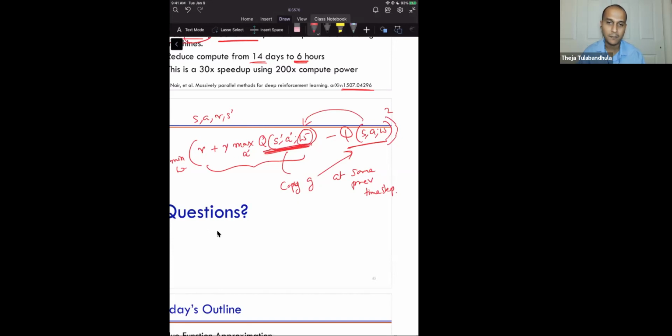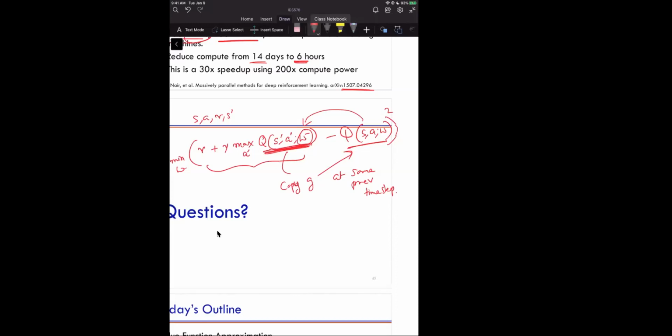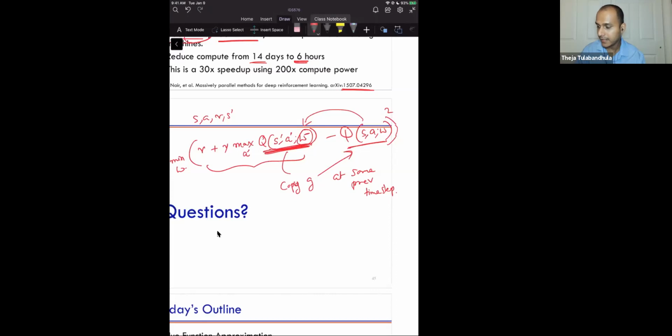You're not training it. You're just reading the weights from some previously trained network. So the W minus remains the same; it's a different W. It remains the same for a bunch of updates, let's say 100 updates. And at the next update, you change it to something that you remember.